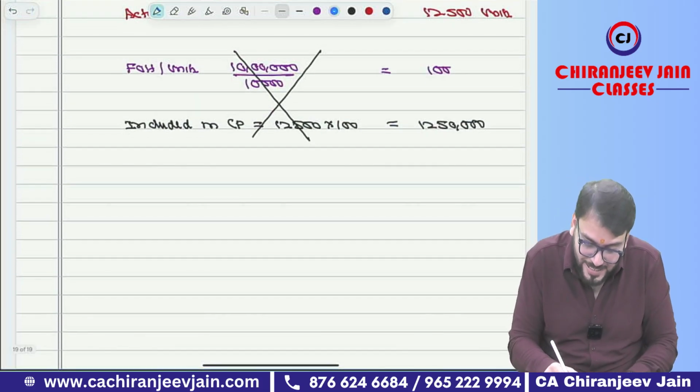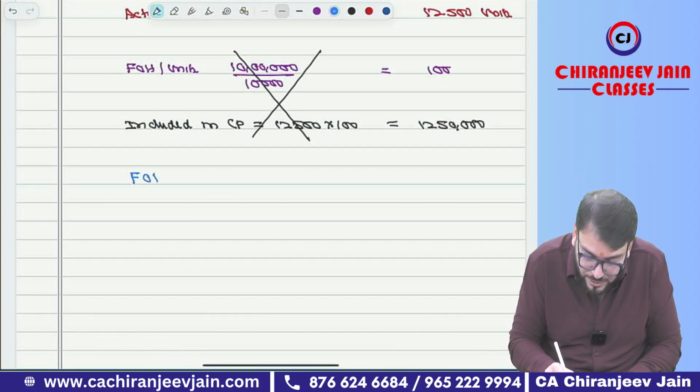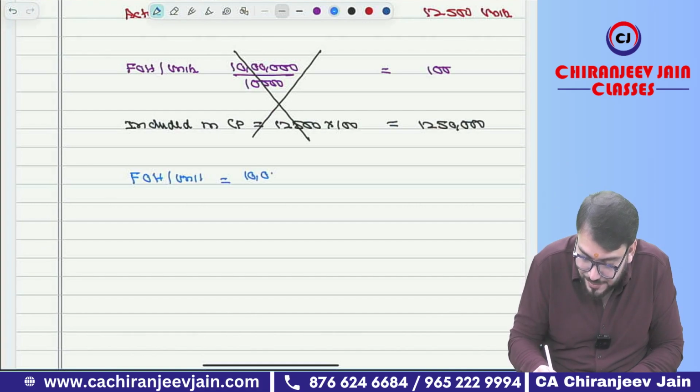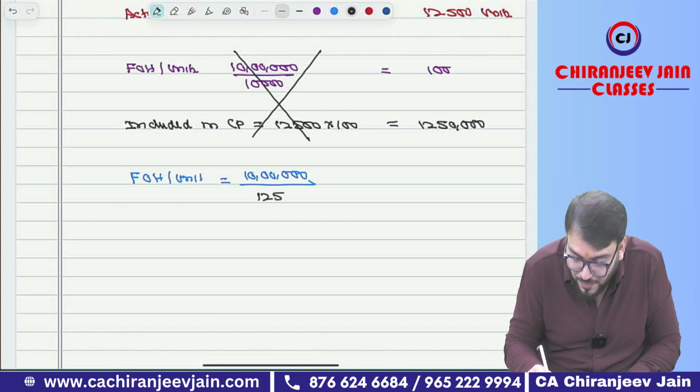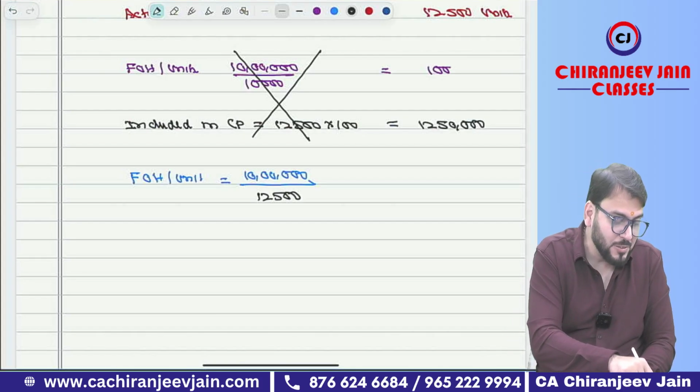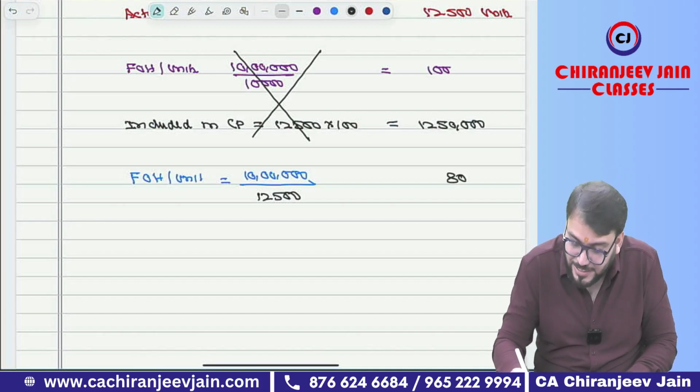It means in this case what you are supposed to do is, fixed overhead per unit is 10 lakh divided by actual production or normal production, whichever is higher, and higher is 12,500. So if you do 10 lakh divided by 12,500, it will come to 80 rupees.